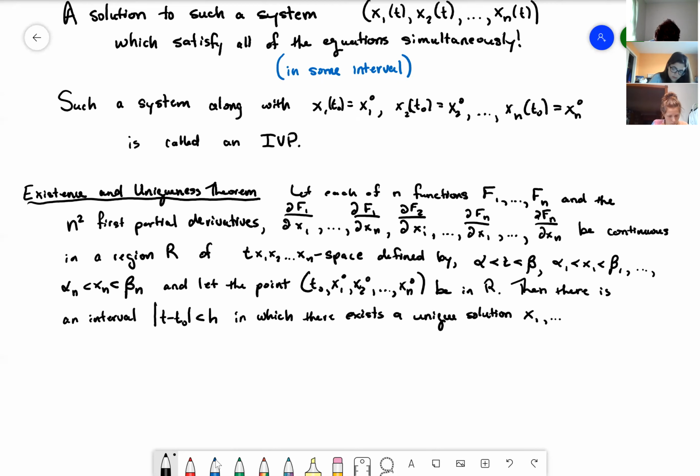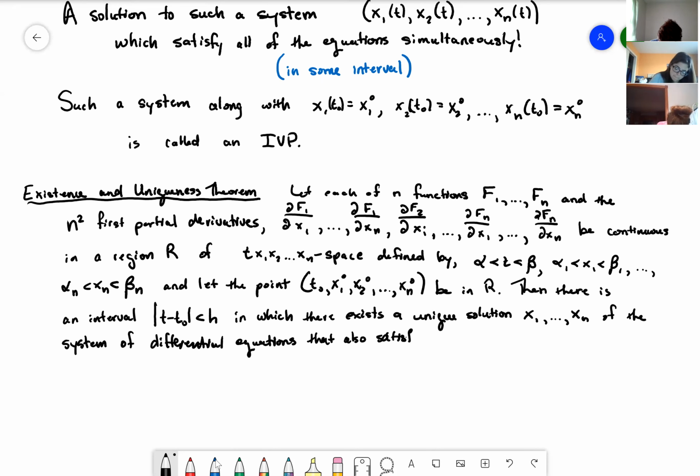I'm just going to write it as x1 up to xn, reusing the variable names for the name of the solution of the system of differential equations that we wrote above, that also satisfies the initial conditions that we wrote above.